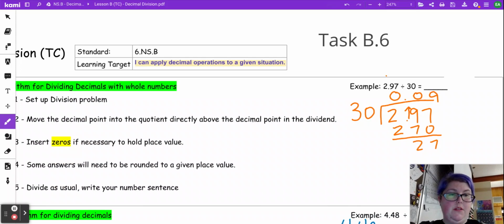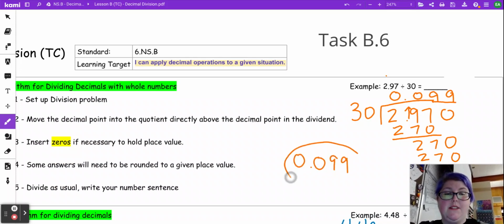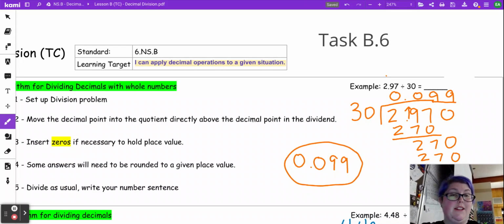We're left with 27, so we need to add our 0 as a placeholder, and we know that 9 times 30 is 270. Our answer becomes 99 thousandths. 2 and 97 thousandths divided by 30 is 99 thousandths.